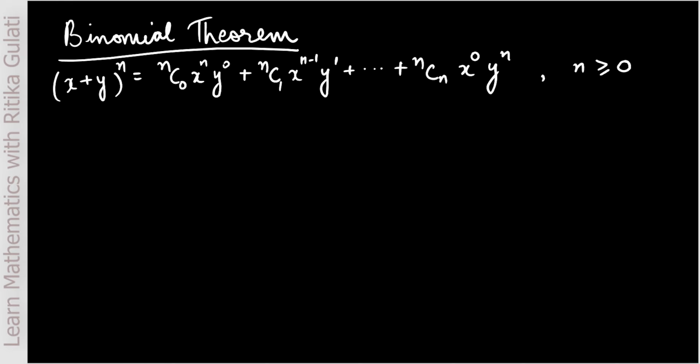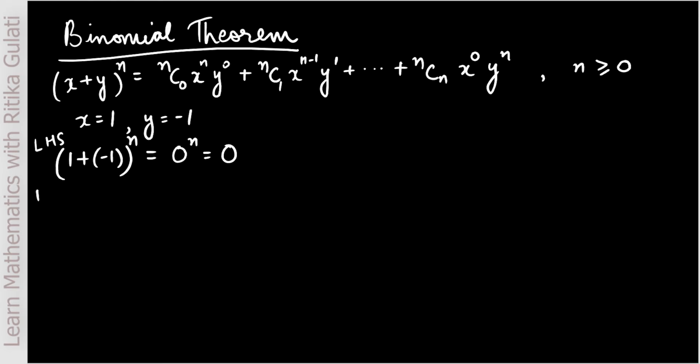So let's take x to be equal to 1 and y to be equal to minus 1. Then we will have (1 + (-1))^n on the left hand side, that is equal to 0^n, which is equal to 0. And on the right hand side, we have nC0 1^n, which is 1, 1^0, which is again 1, plus nC1.